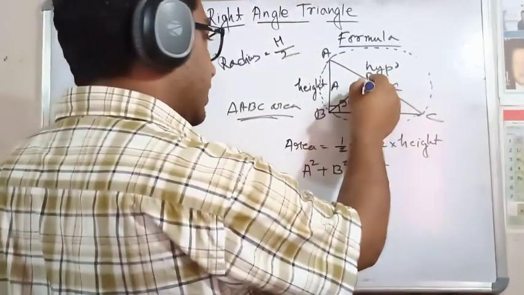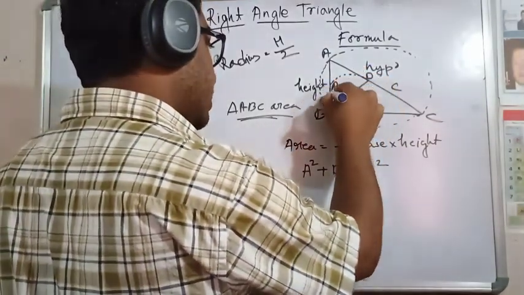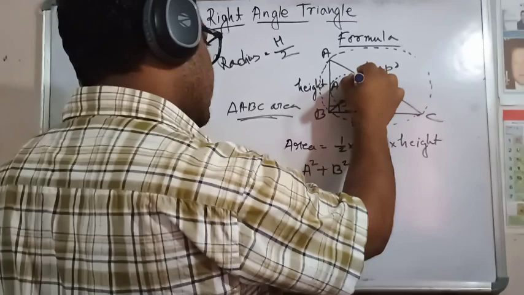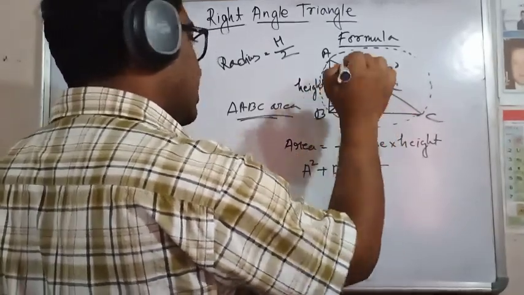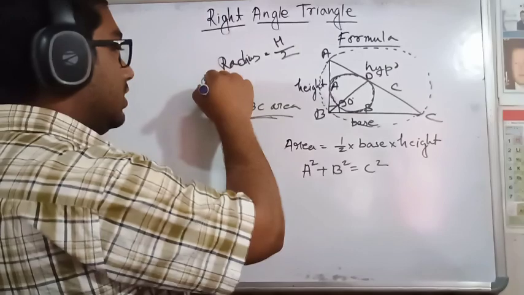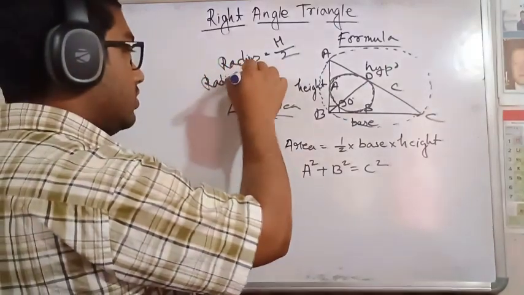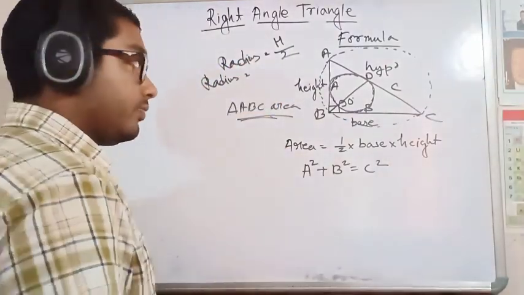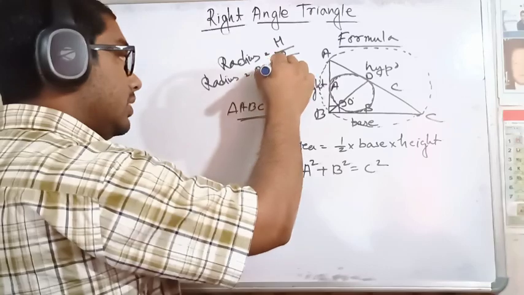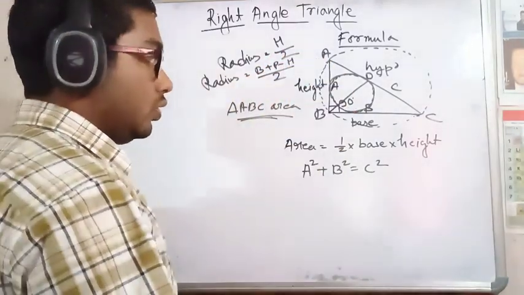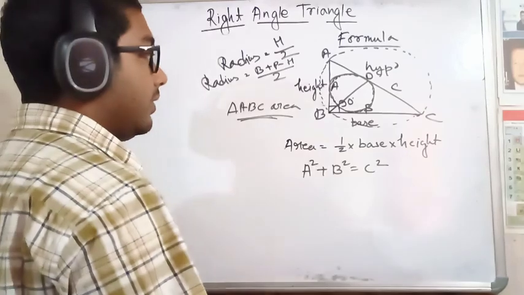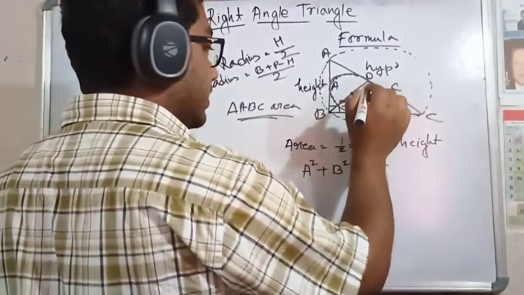But if the circle is inside of this triangle, then what will be the radius of the inside circle? It will be B plus P minus H by 2.